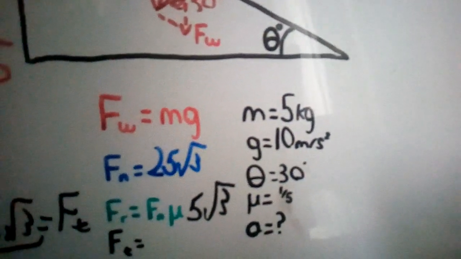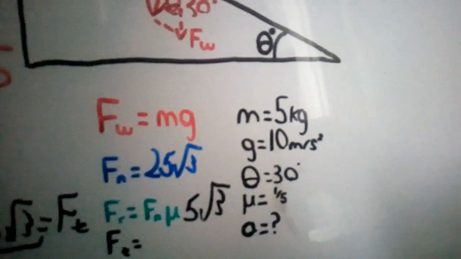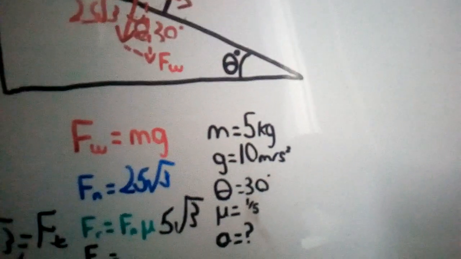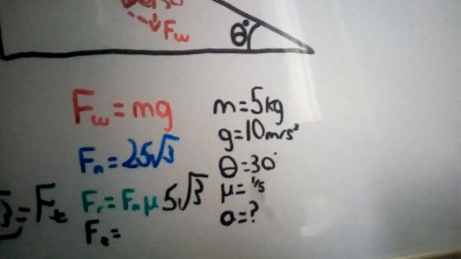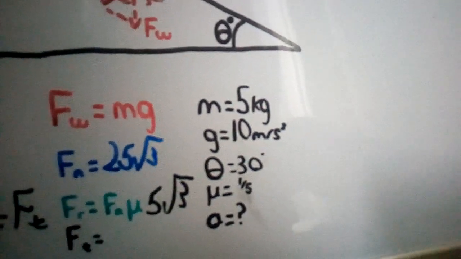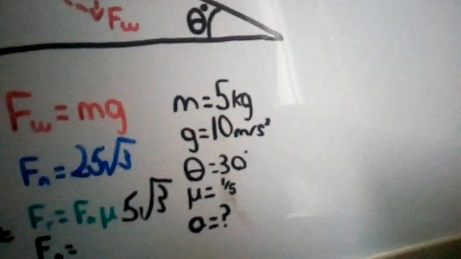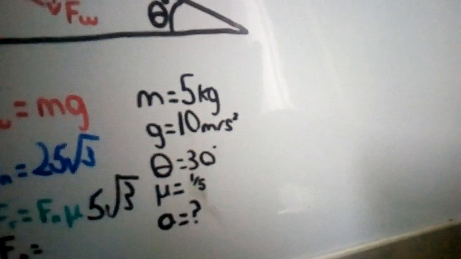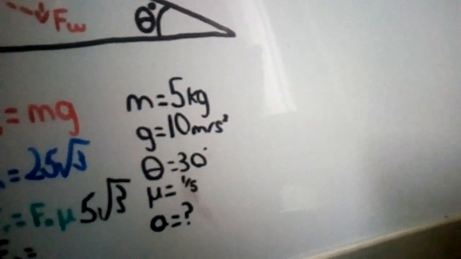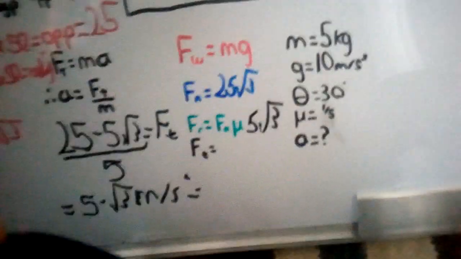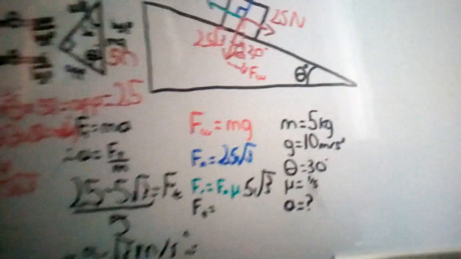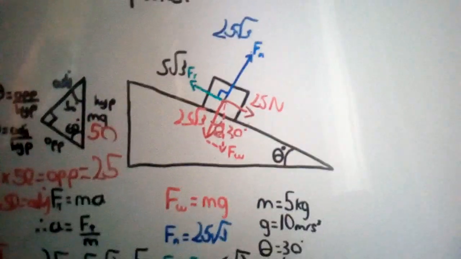Just divide this all by 5, and that is our acceleration. So, just using rules, I can say that is 5 minus root 3 meters per second squared. I'm just going to leave it in that form. I don't want to work that out. But that is the acceleration of this box.